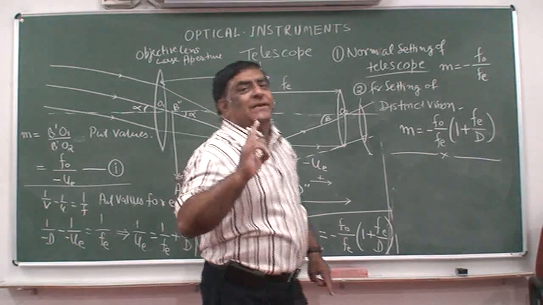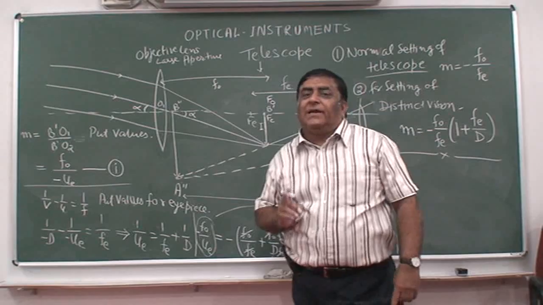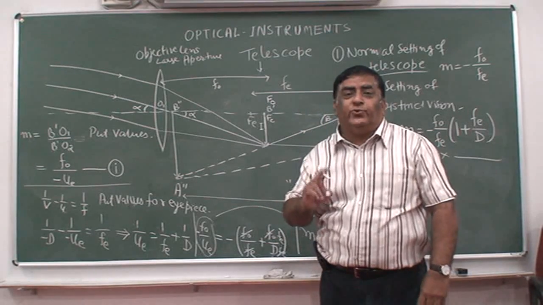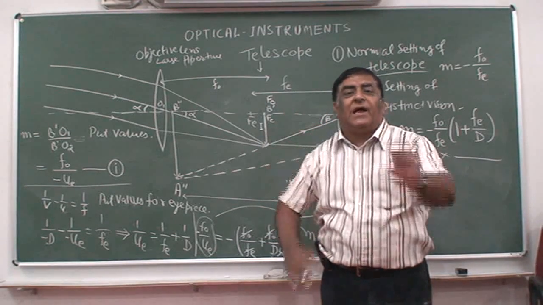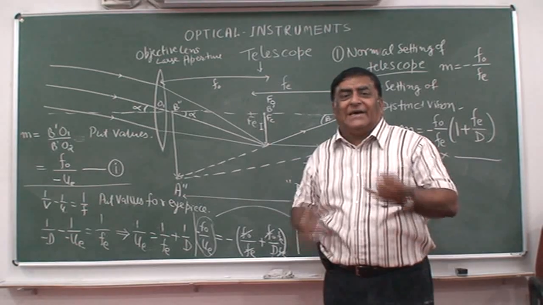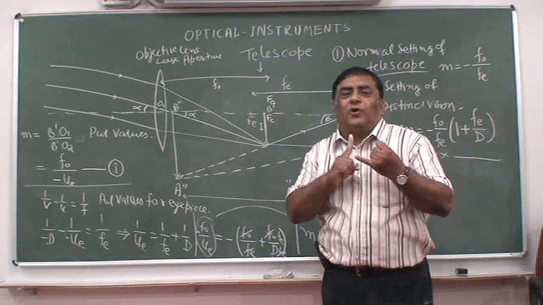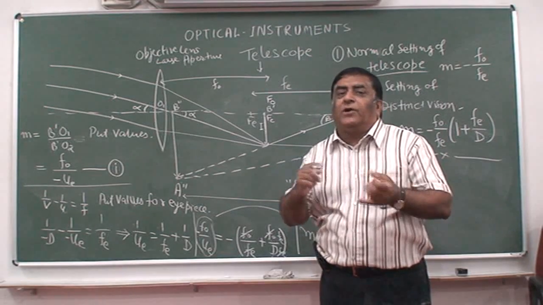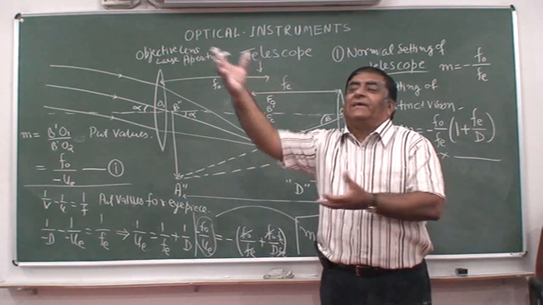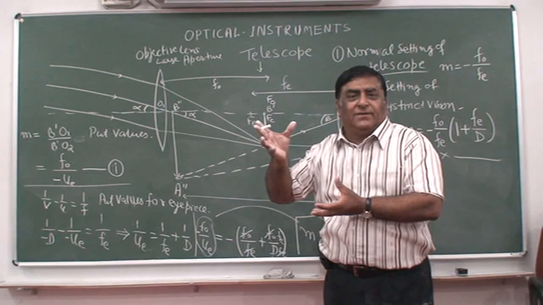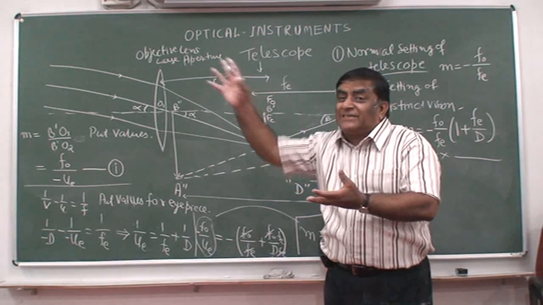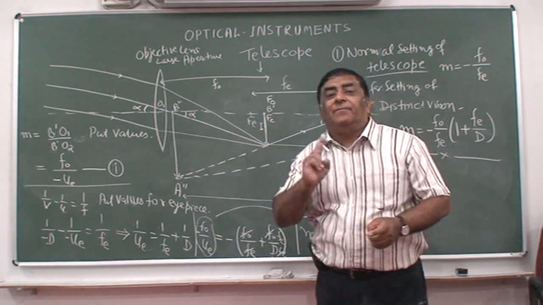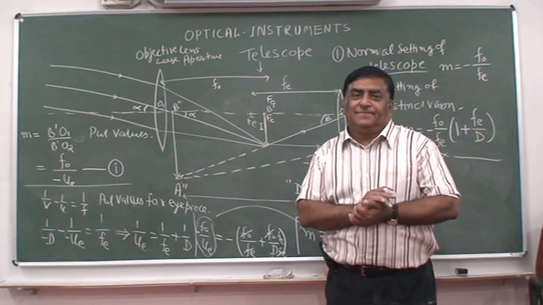The question in the examination is asked, in telescope, why do we use a large objective and a small eyepiece? Answer. Number 1, the objective used is large because we want maximum rays to be collected from the faraway object. We want more and maximum rays so that our image is bright.